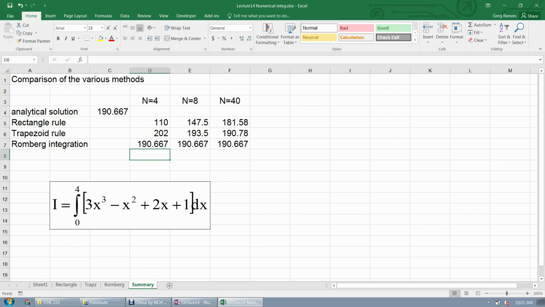Last thing I want to leave you with, just to make you think about these things, there are a few caveats to this. Remember, when we derived this formula, we're assuming we have equally spaced points for the Romberg integration. Now I have to admit, I'm not sure how different things would be if we had points that were not equally spaced and we tried to do Romberg integration.